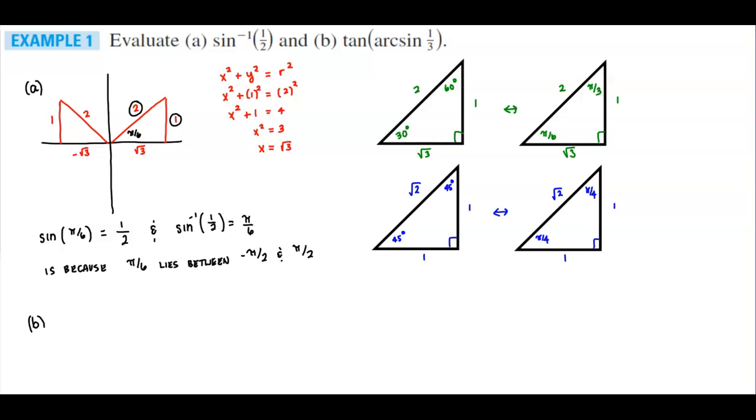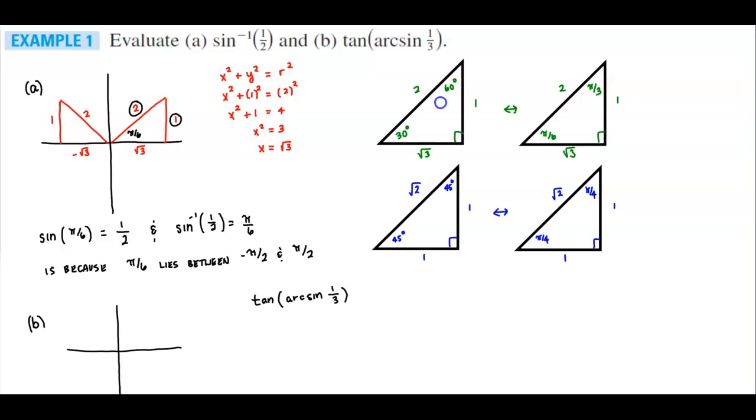Okay, so part B, we want to find the tangent of the arc sine of 1/3. Okay, so let's go ahead and draw our graph. What we're trying to do is find the tangent of the arc sine of 1/3.